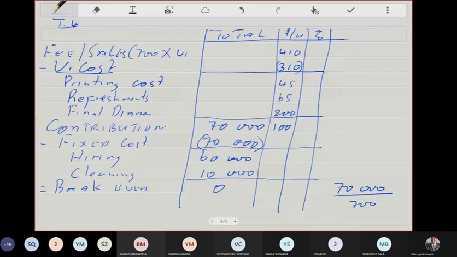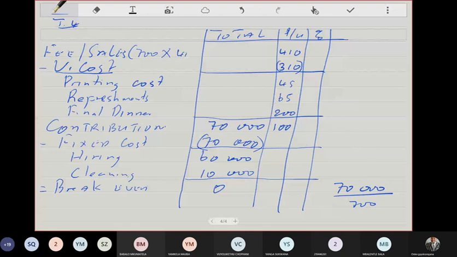Then it gives us 287,000. Then you go into your variable cost. Again, you can take 700 times 310. Then it takes you to 217,000.